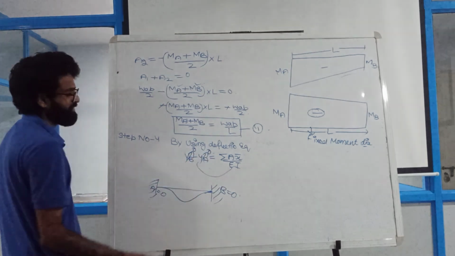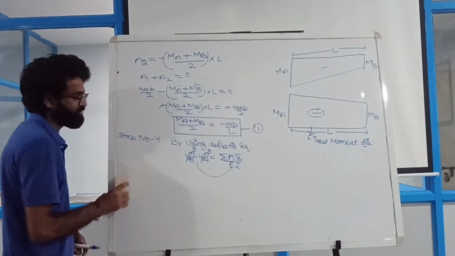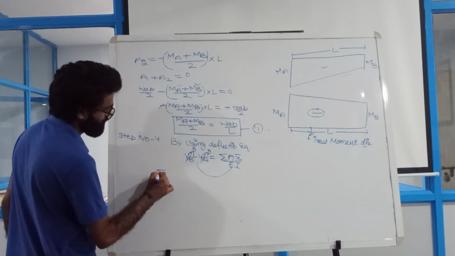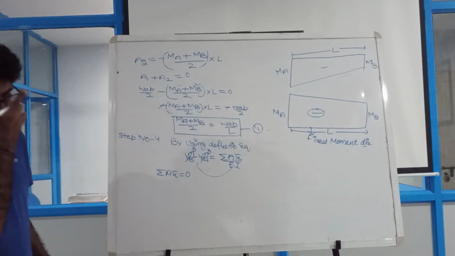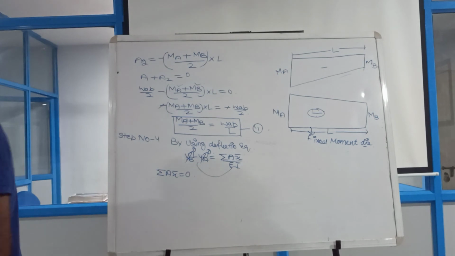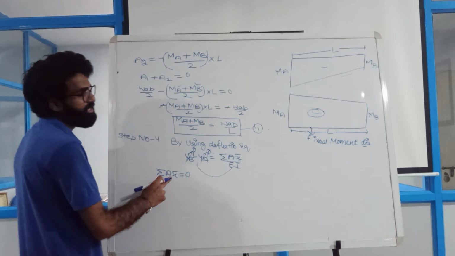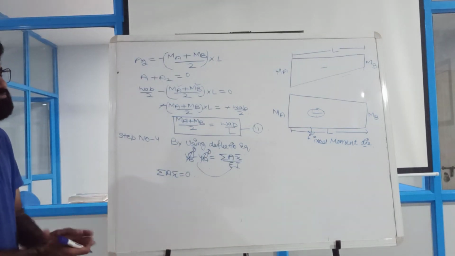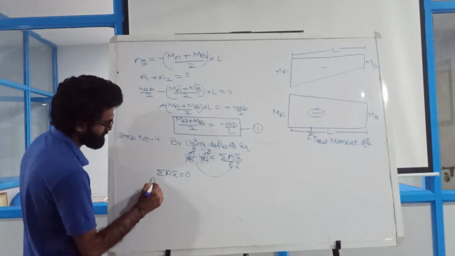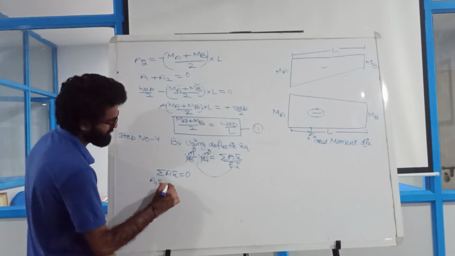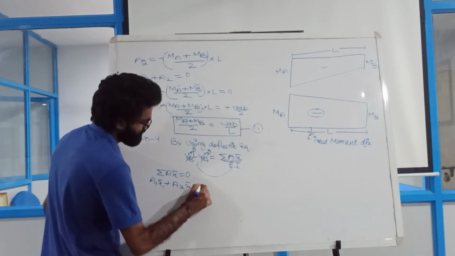This term on this side will also become 0. So from this I will get summation of A x bar is equal to 0. And if I solve this for my free moment diagram and fixed moment diagram, I get A1 x1 bar plus A2 x2 bar is equal to 0.